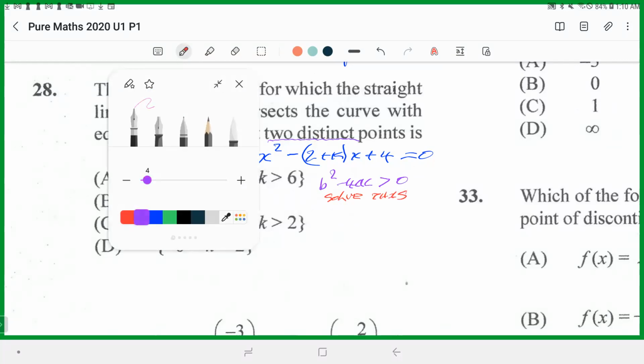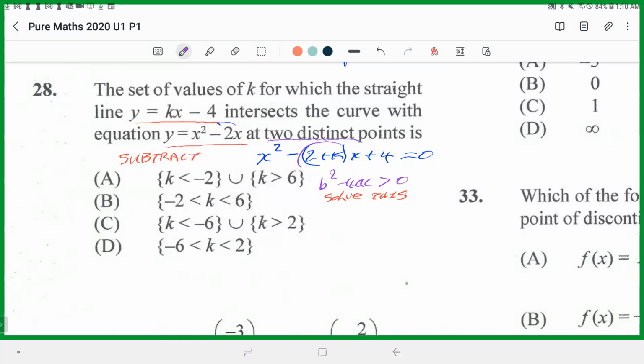All right, let's work with the purple now. So the b squared is this. I don't put a negative by squaring it. So it becomes (2 plus k) squared minus 4 times a, where a is 1, times c, where c is 4, greater than 0. That's a quadratic, and the answer lies outside the roots.